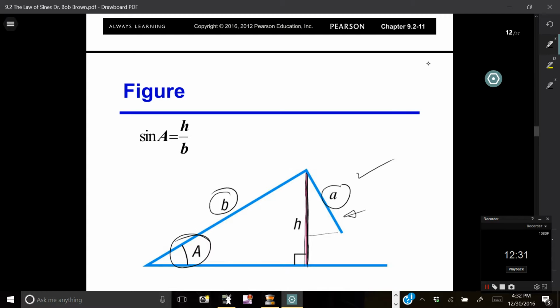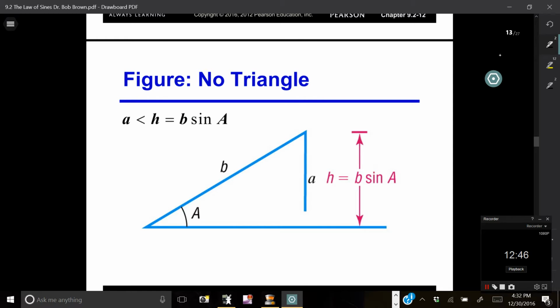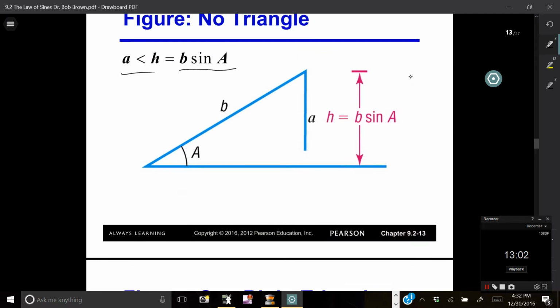Notice that sine of A is equal to H over B, the hypotenuse. Now, if A is less than that, then you have no triangle. So, if A is less than H, which is equal to B sine of A, you have no triangle. And in that case, if you use the law of sines, you will get a contradiction, and obviously you'll see that there is no solution.